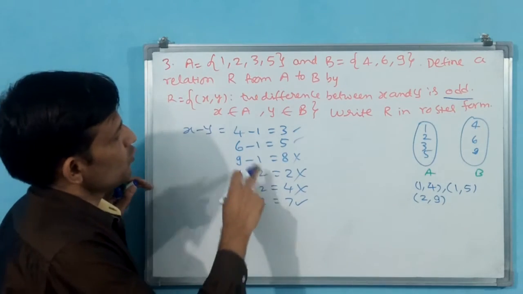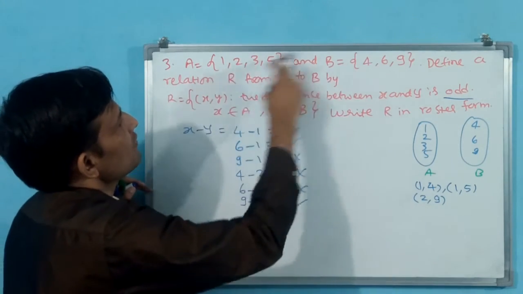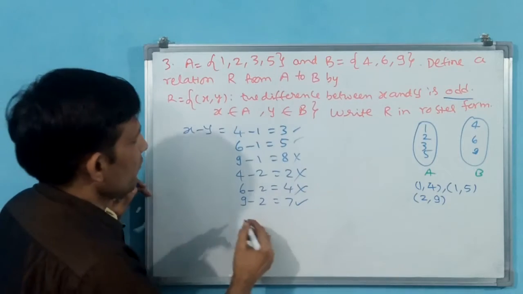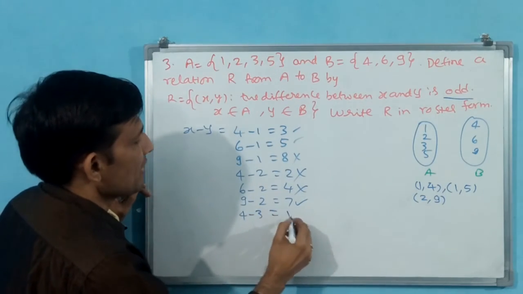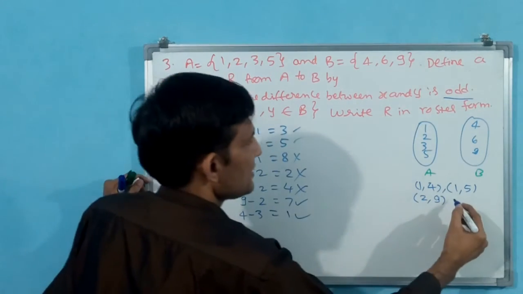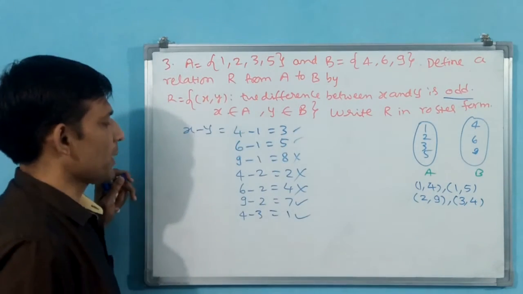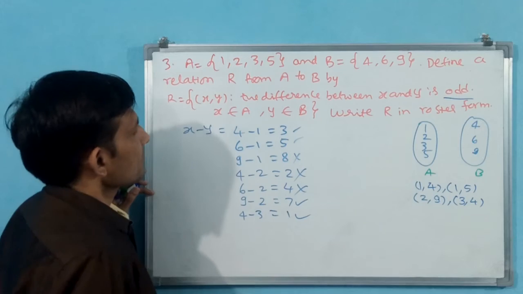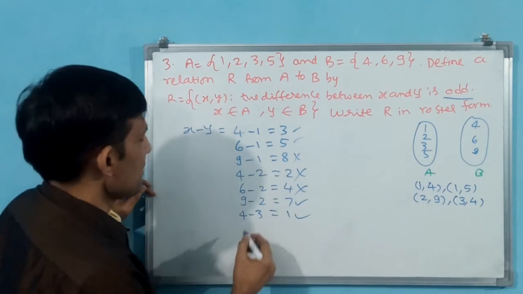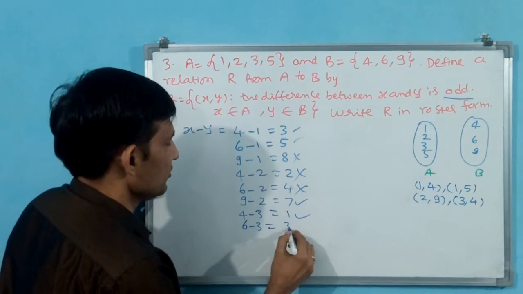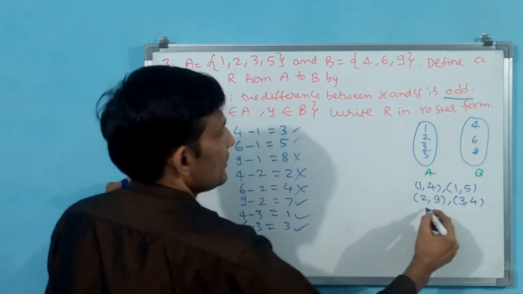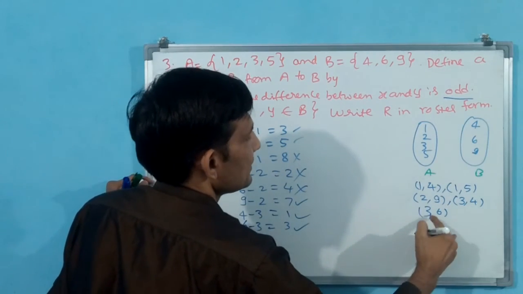Okay, now with 2 also over, 3 you have to see. 4 minus 3 is 1. Yes, okay, odd. That means here 3 comma 4 also will come. Then 6 minus 3, also 3. Yes, it is also okay. Then you write 3 comma 6.